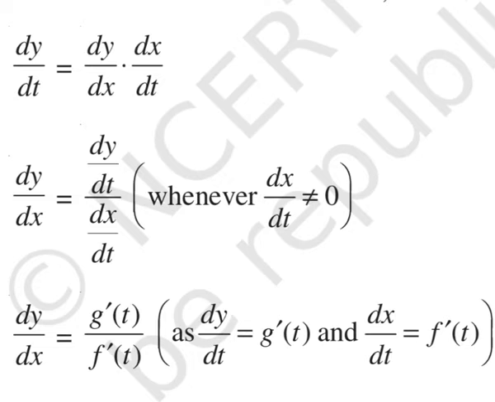And now you know that the first equation, that is the first line, comes from applying the chain rule. After you have applied the chain rule, in the second line you have the derivative of y with respect to x equal to the derivative of y with respect to t upon the derivative of x with respect to t.